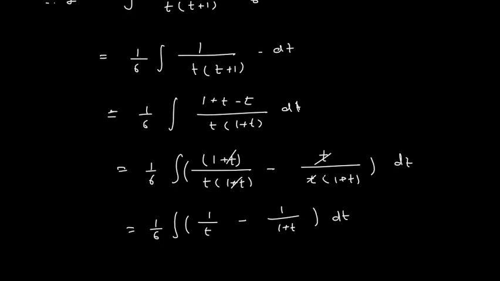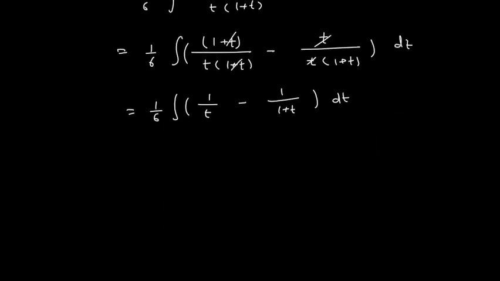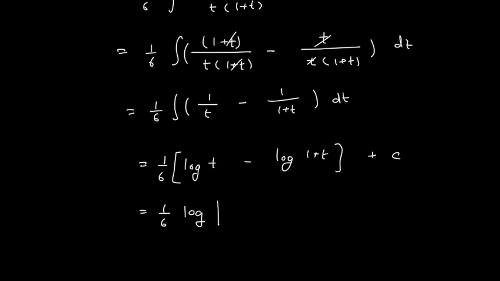Okay. Now the integration of 1 upon t is log t. So it is 1 divided by 6 into log t minus log of 1 plus t plus c. So this is 1 divided by 6 log, I can write this as t upon 1 plus t, plus c.